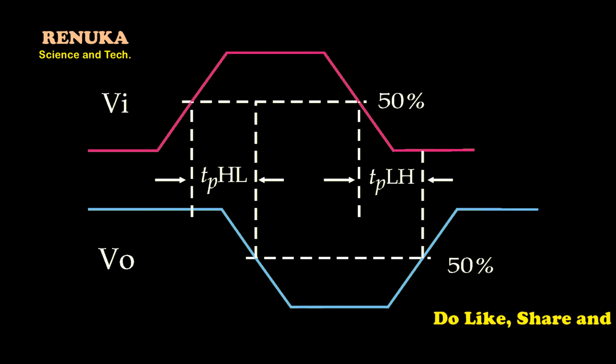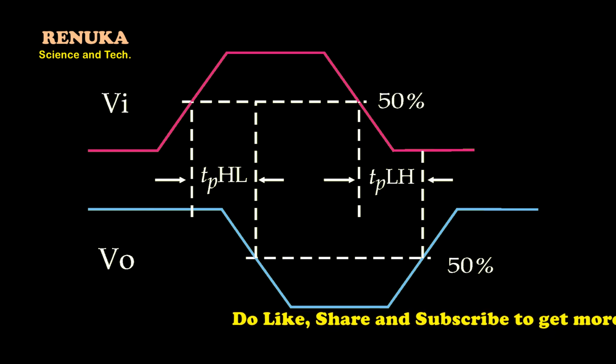After this, the input remains high for a while, and the output also remains 0 for a while. Then if the input state is again changed from high to low, the output will not change suddenly. It will take some time and change from low to high again.